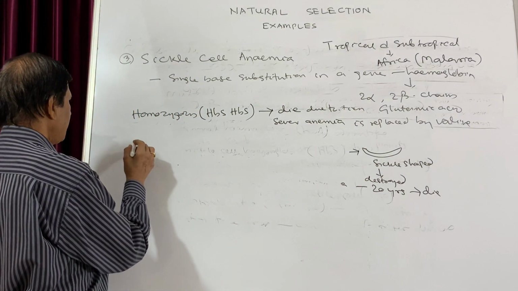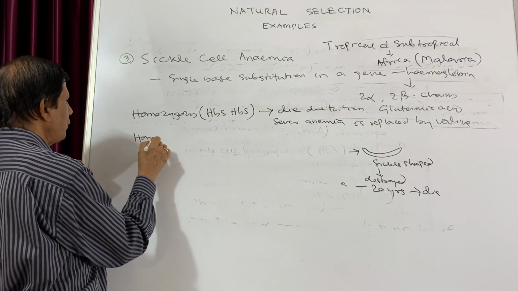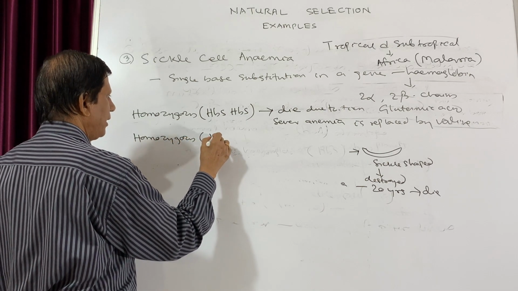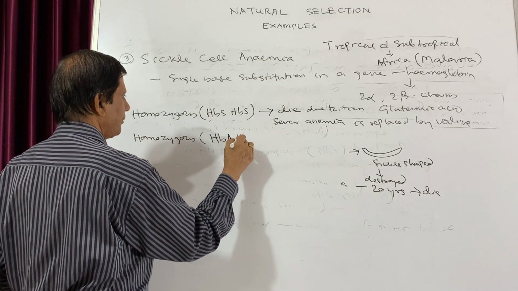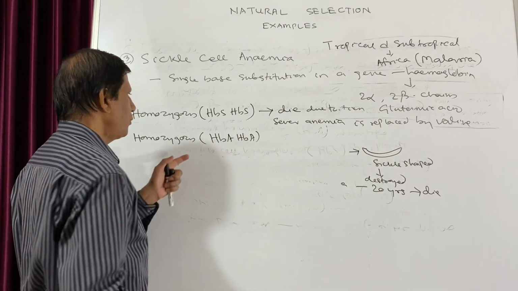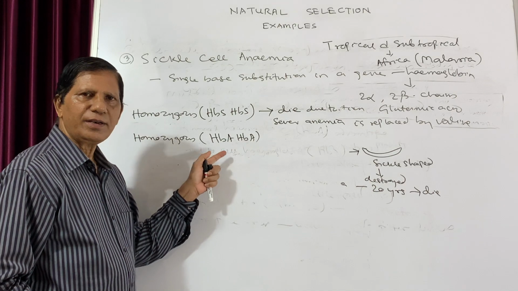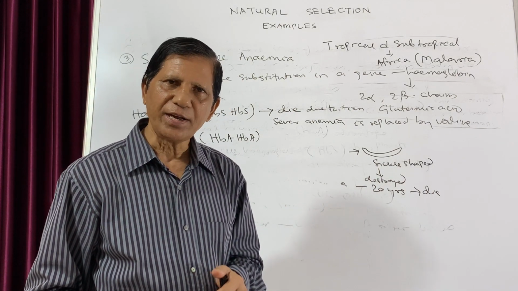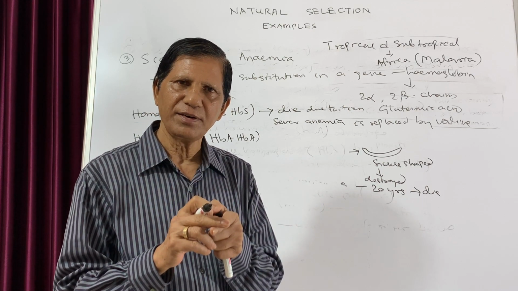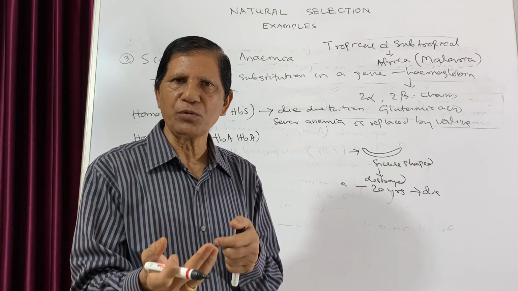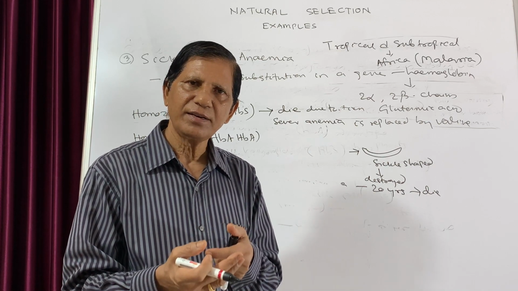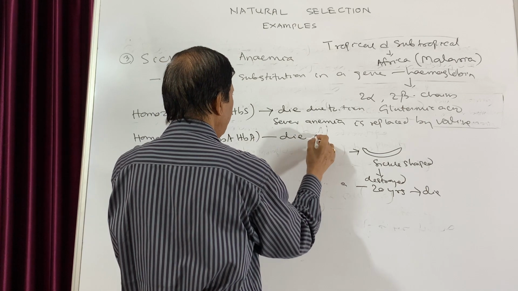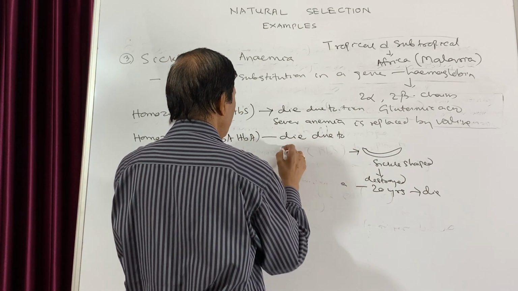Now come to the second case. Suppose one is homozygous normal. So if it is homozygous normal, now this person will suffer from malaria, because the malaria parasite will infect and grow within the blood, and there is every chance that these persons will die due to malaria.